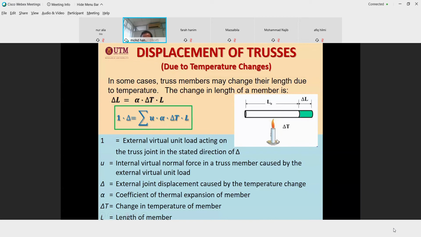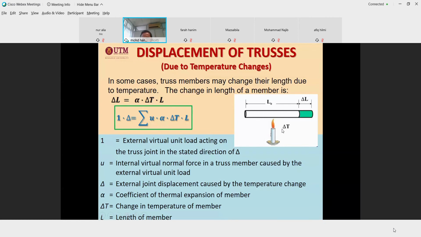And then when it is heated or the temperature increases, then it will what? Elongate. Extend. There is no contraction or shortening due to temperature increase. When temperature increases, it will extend.